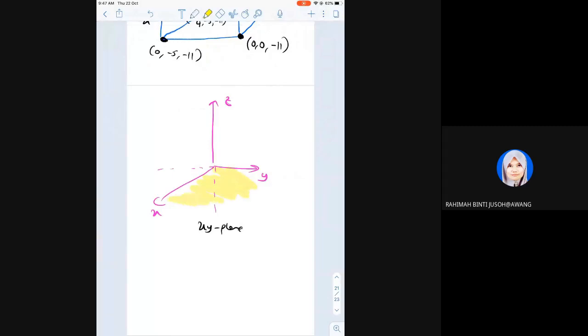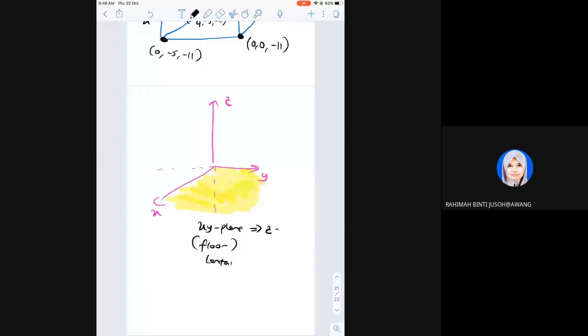XY plane ni. Which means that ini adalah, we can also call it as the floor, lantai. Okay? Which means that when XY plane, Z equals to 0.